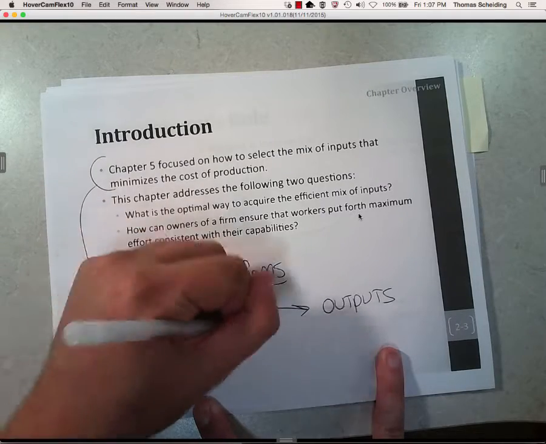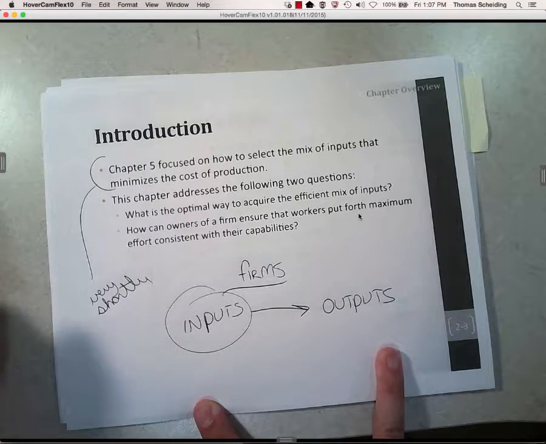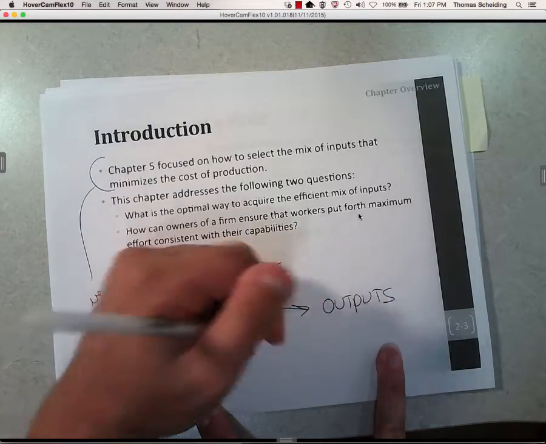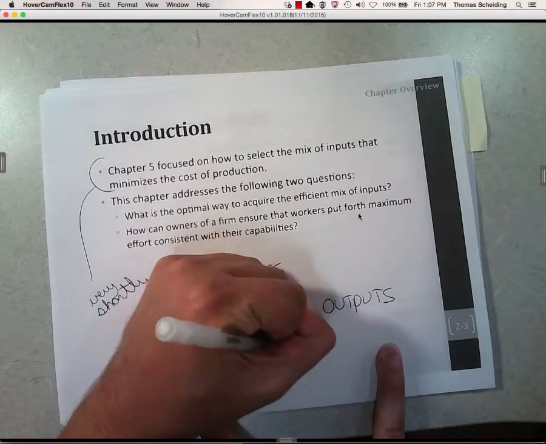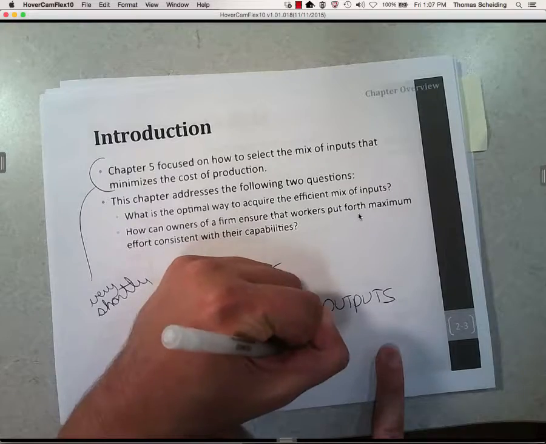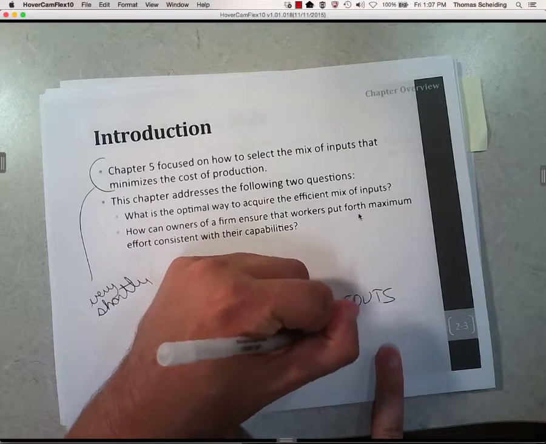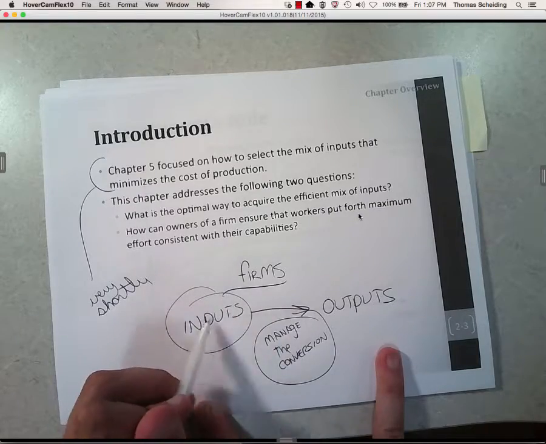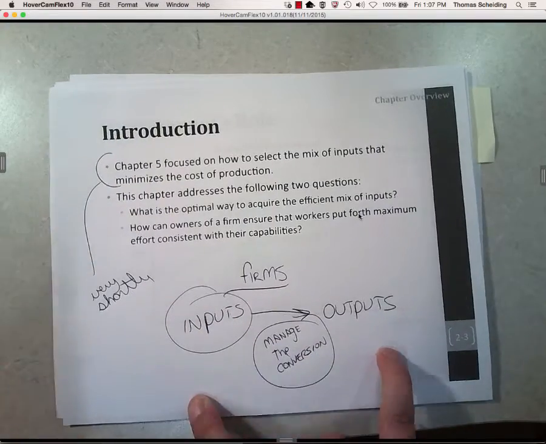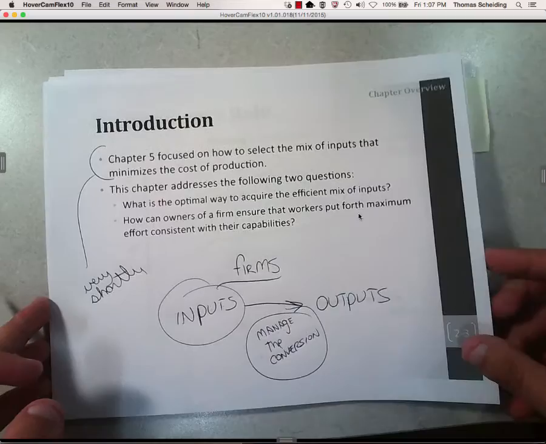What we're looking at in this chapter are the ways that the firms get the inputs, and how the firms carry out that arrow, that conversion of the inputs to the outputs. Those are the 2 things that this chapter is trying to do.